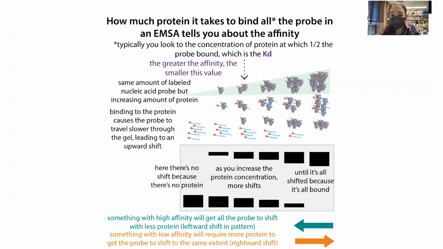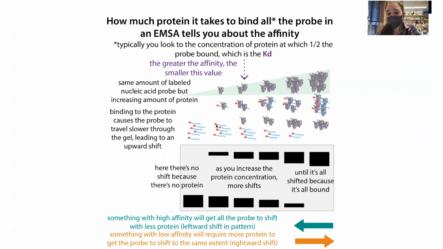And so when there's no protein, the free probe, so the probe would be the nucleic acid you think it binds, will be unbound, and so it's going to run really fast, and so it'll be low down.